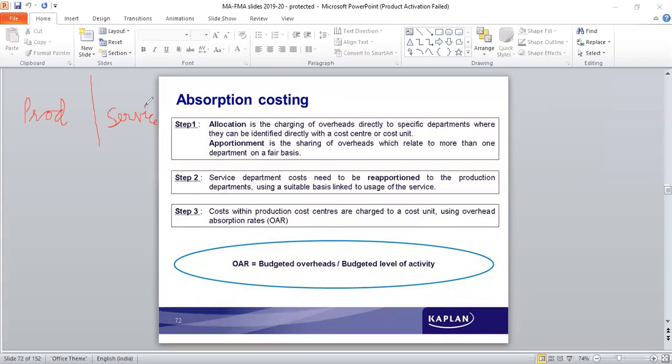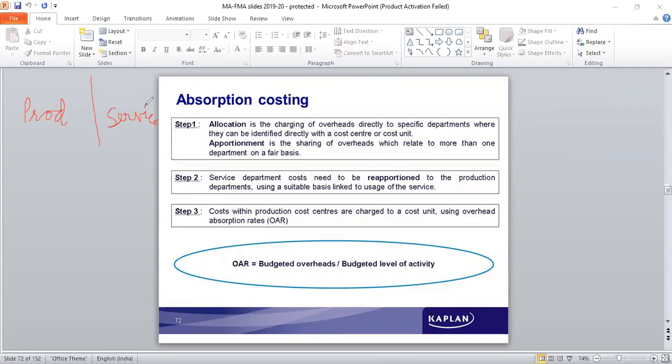They are also involved in some work, but the cost incurred by these departments is not directly connected to the production activity. They are involved in the factory premises only, the work carried on in the factory, but not the direct work of converting raw material into finished goods.